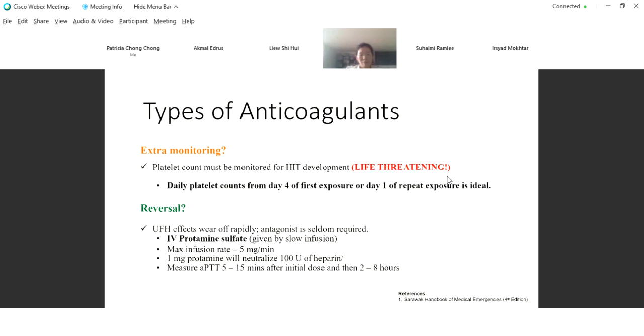For the reversal of this anticoagulant, you can give IV protamine sulfate, given as a slow IV infusion, not more than 50 milligrams over 10 minutes, which is 5 milligrams per minute. 1 milligram of protamine will neutralize 100 units of heparin, and you can measure the APTT 5 to 15 minutes after the initial dose and then 2 to 8 hours later.